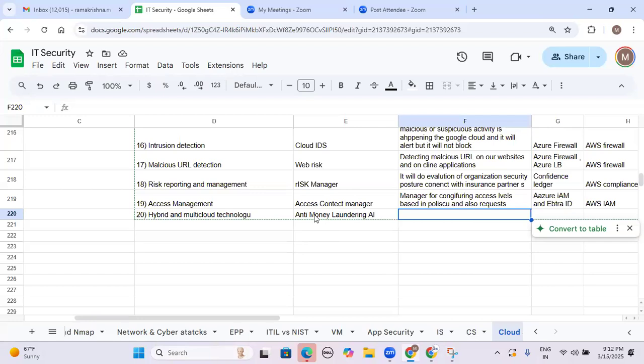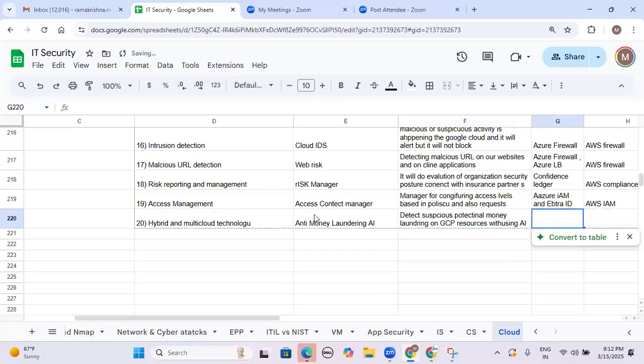So now how will this one do it? Detect suspicious potential money laundering activity on GCP resources using artificial intelligence capability.